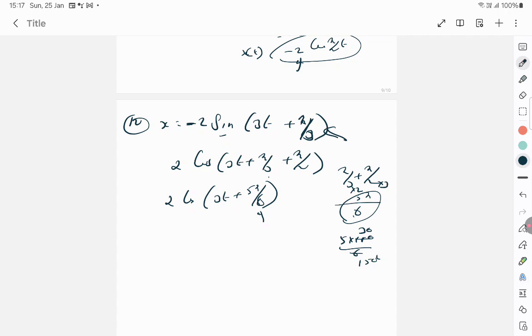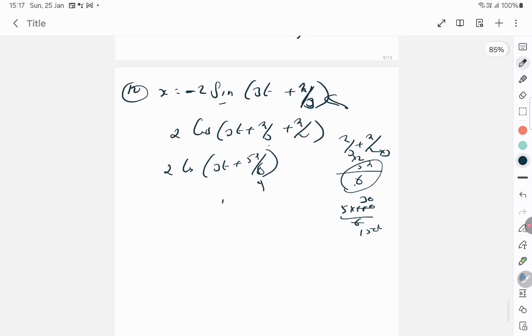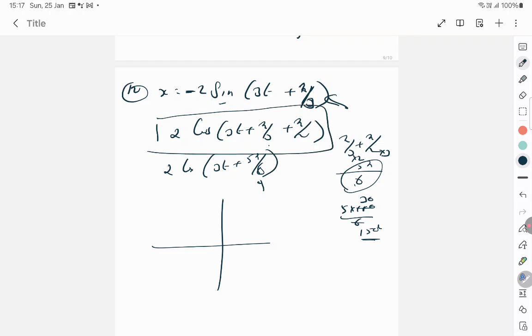I'm just thinking that could be my phase angle. If I'm going to draw this, 150 degrees should be my phase angle. Where would the 150 degrees, or 5 pi by 6, be? And this is a cos function. Remember that. Initially, it's a cos function, and the initial cos function means it should start from here. This is the starting point of a cos function, that is, the extreme points.